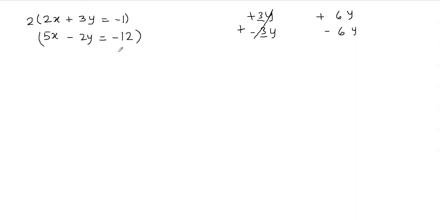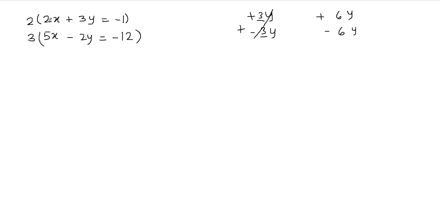And what do I multiply in my second equation to make it 6y? Well, I can multiply my second equation by 3. Notice that when I distribute this 3 inside, 3 times negative 2y is going to give me negative 6y, which is what I'm looking for. Now when I add these two equations, I will be able to eliminate the y variable. That's why I multiplied my first equation by 2 and my second equation by 3.